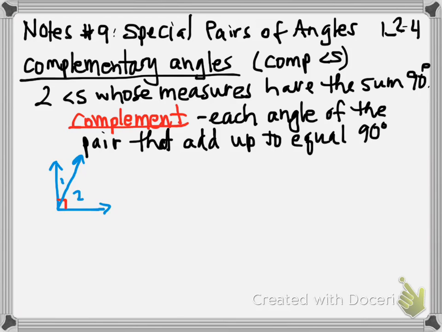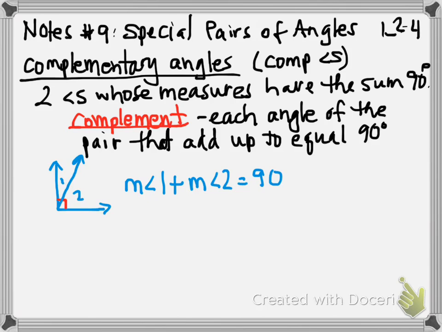We don't know if it's a bisecting ray. We're not given that information. But what I can conclude is the measure of angle 1 plus the measure of angle 2 equals 90. That is the definition of complementary angles. Two angles whose measures have the sum of 90 degrees. And that's what we'll be using in our proofs.